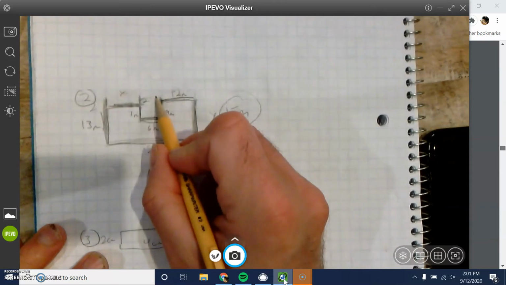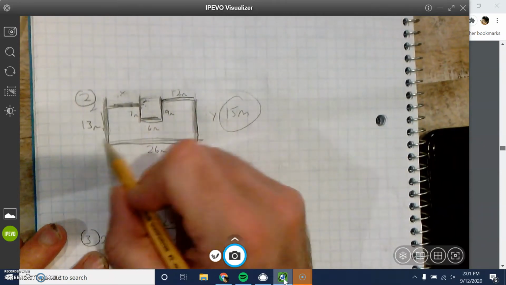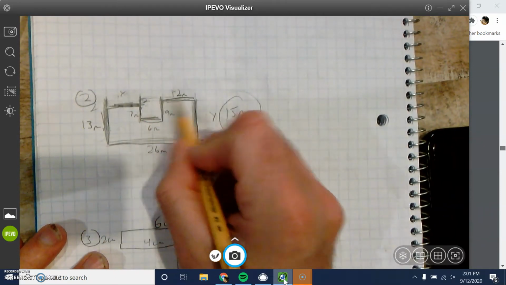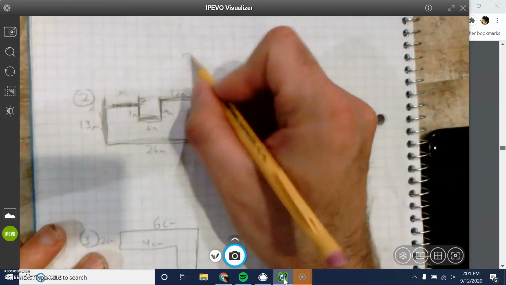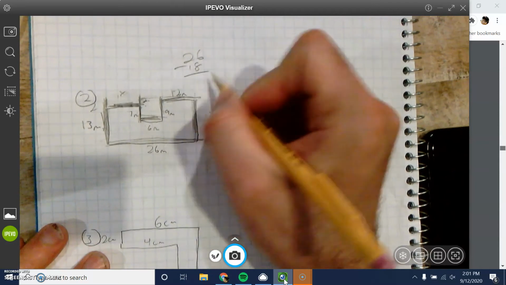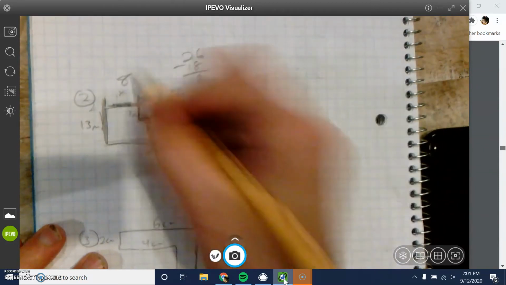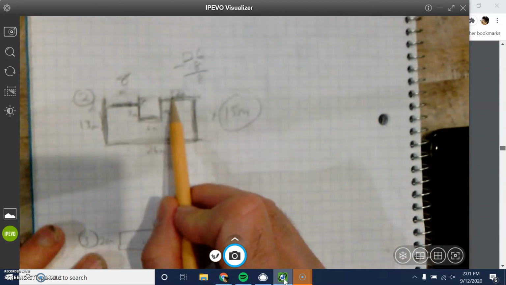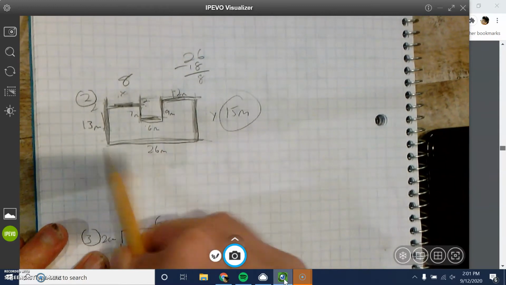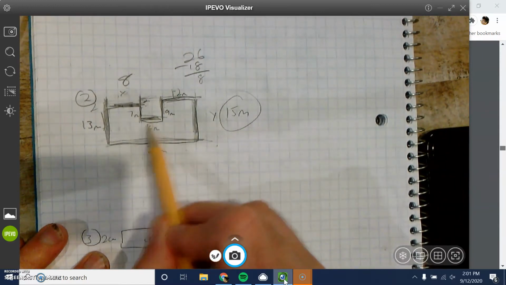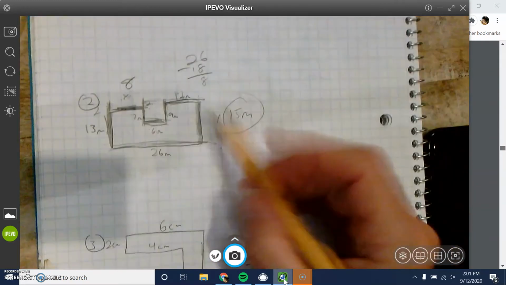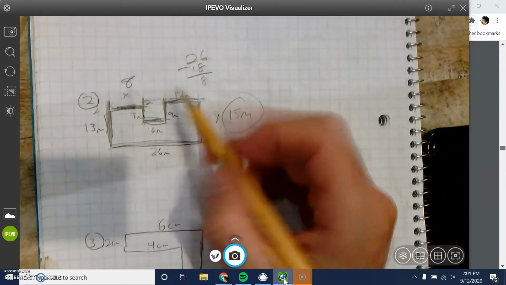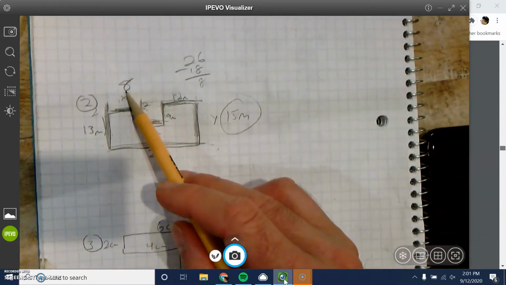So essentially what I can do is just do 26 minus 18, and I get 8. Because 8 plus 12 is 20, plus 6 is 26. So all these distances, I know they're not aligned, but if you put them up next to each other, they equal 26. So now I got 8. All right, cool. So it's 8.